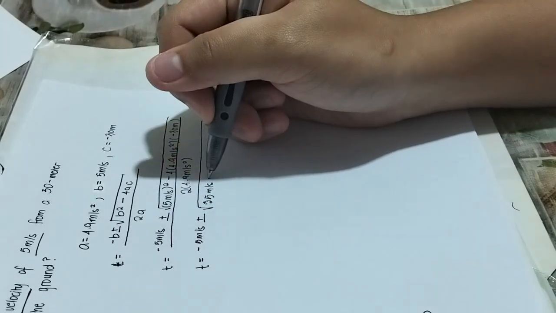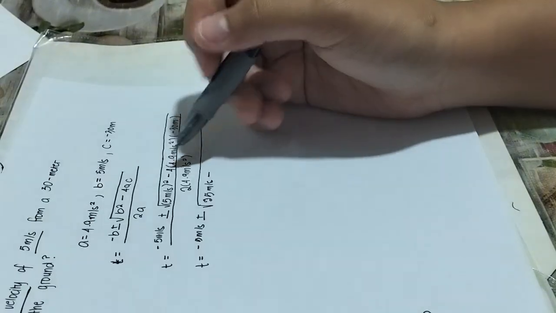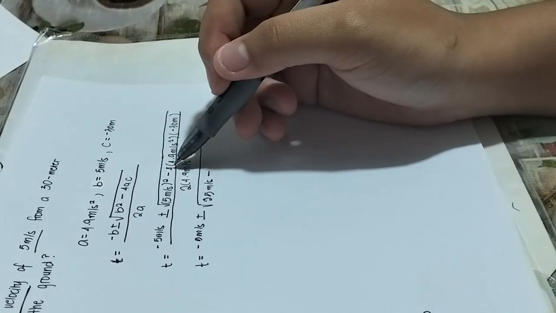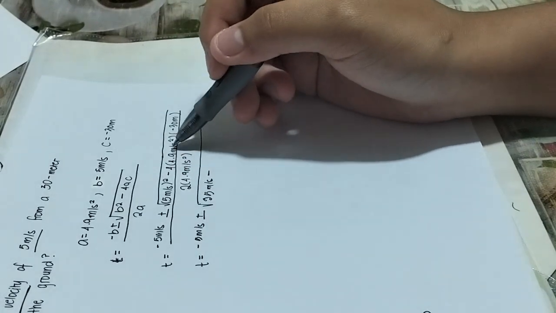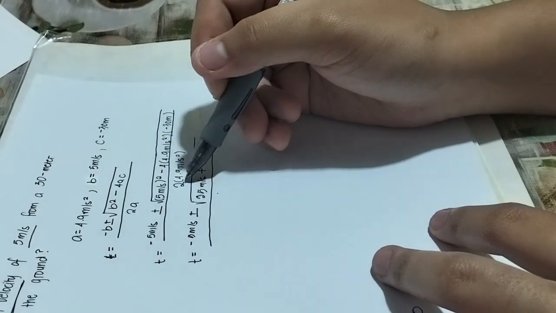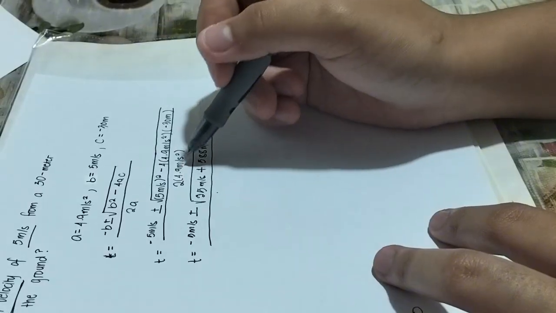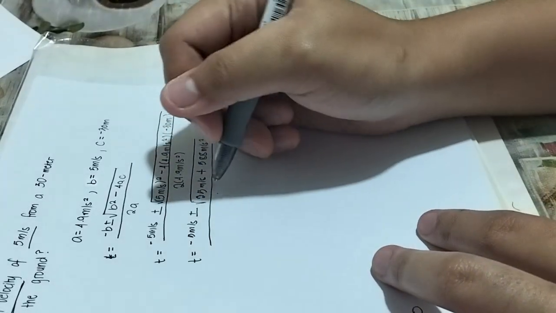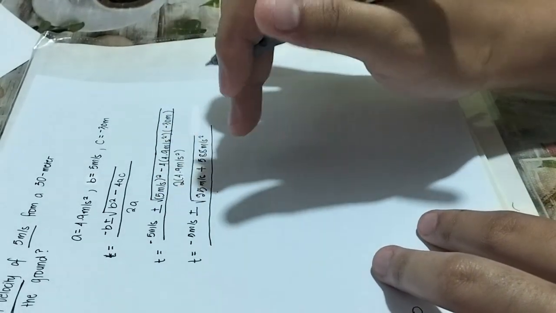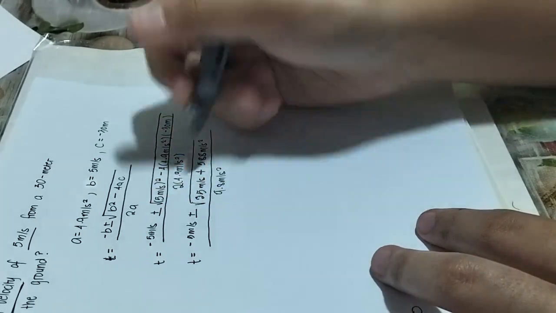This one would be positive because 4 times 4.9 times -30 is -588, and negative times negative is positive. And also, we will multiply the 2 by 4.9 meters per second squared. So this will result in 9.8 meters per second squared.